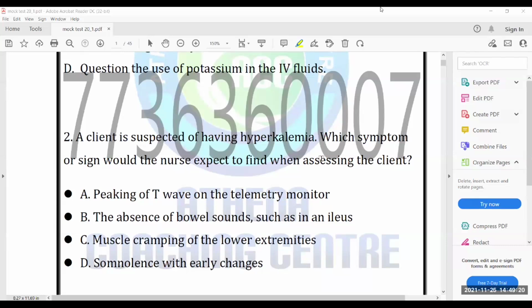The signs and symptoms of hypokalemia as well as hyperkalemia, you just have to remember both. Hypokalemia, low potassium, causes weakness, fatigue, muscle cramps or twitching, arrhythmia, and constipation.